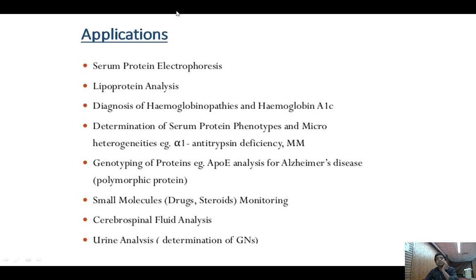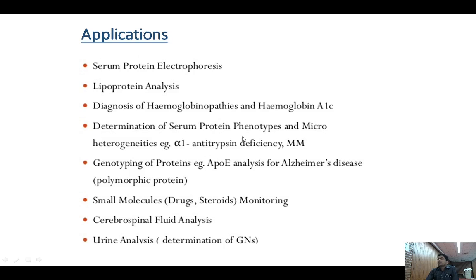So what are the applications? You have to know definitely serum protein electrophoresis. Other lipoproteins like alpha, beta, pre-beta, these are the lipoproteins, right? You would have read in lipid chemistry and metabolism. Lipoproteins also you can separate. Then different types of hemoglobin we can separate, and we can see whether there is any hemoglobinopathy or not, with the help of the electrophoresis pattern.